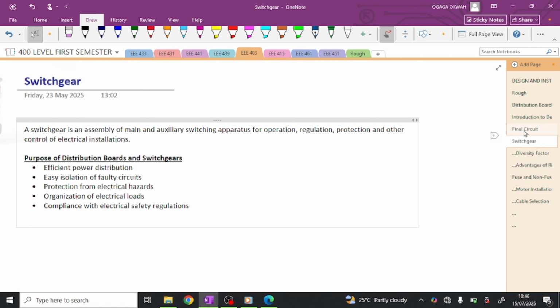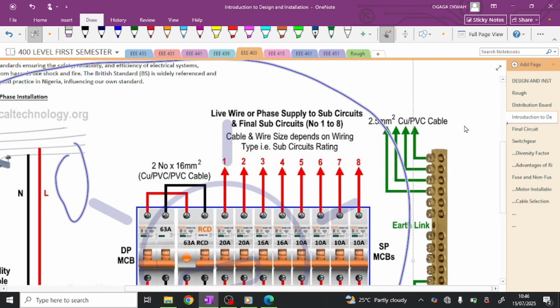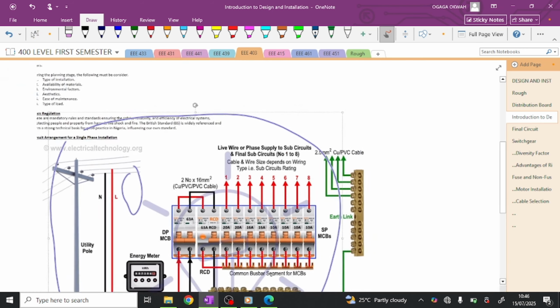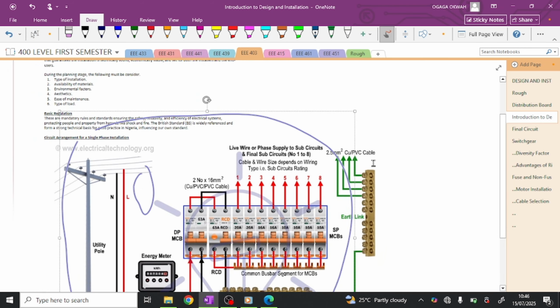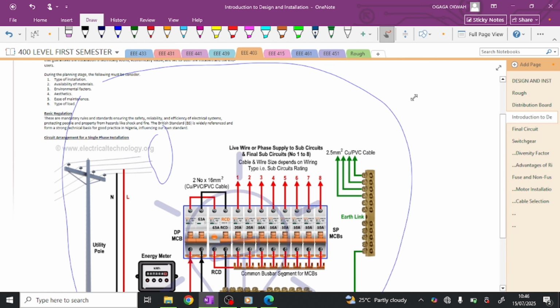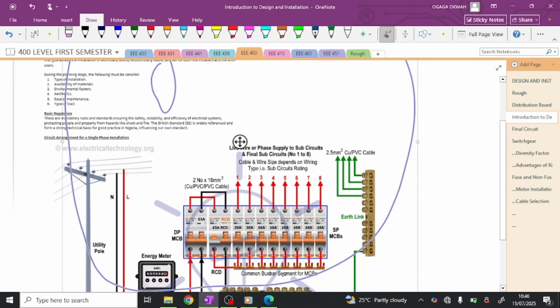If you look at this point now, like I said, all these parts have to do with the switchgear, including this earth gear, because this is part of the distribution board.